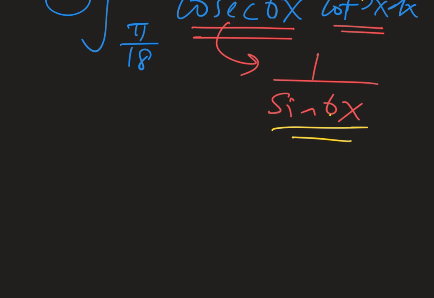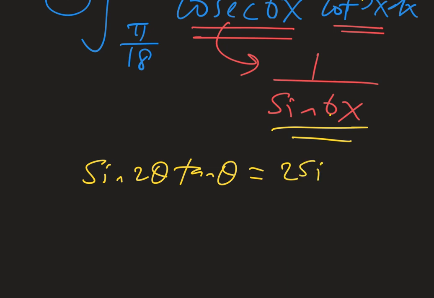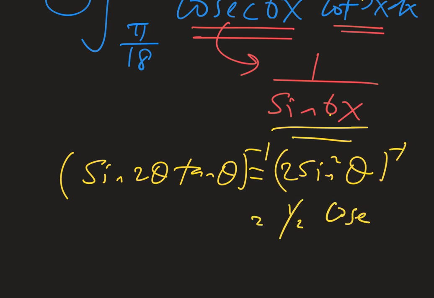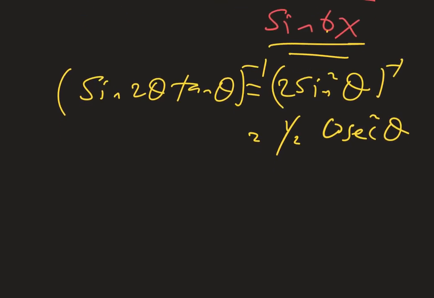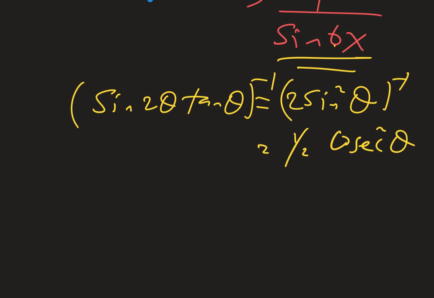So we know this identity: sine 2 theta tangent theta equals 2 sine squared theta. And the inverse of it is 1 over 2 sine squared theta, correct? So very simple, sub theta equals 3x here.